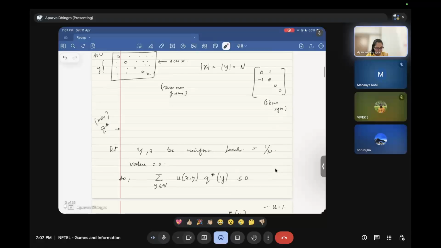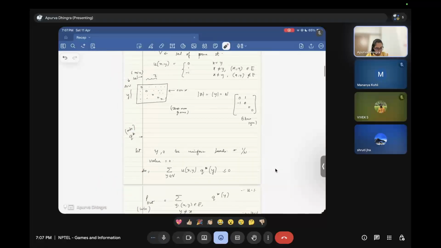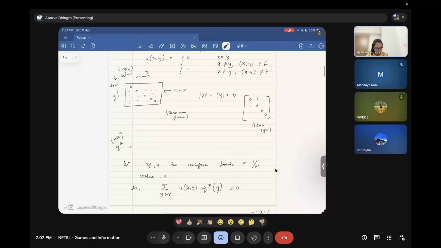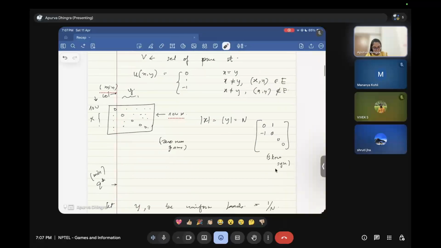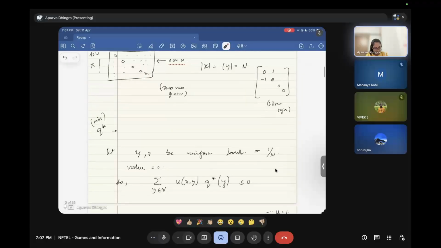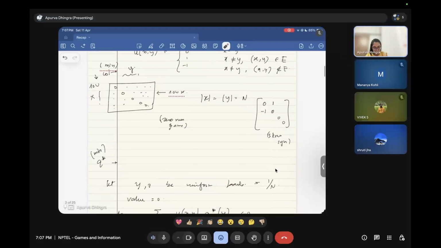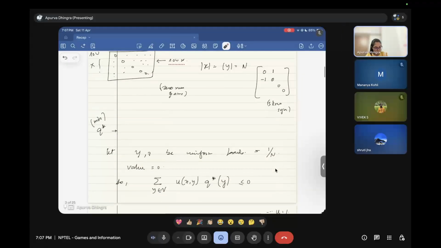No, not exactly. So this q star of y means that we are giving some probabilities to y.